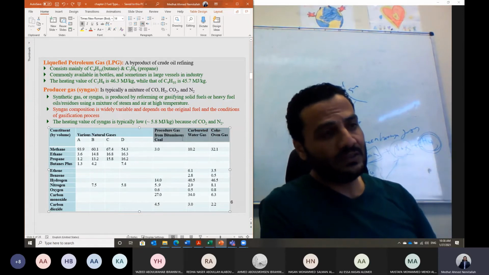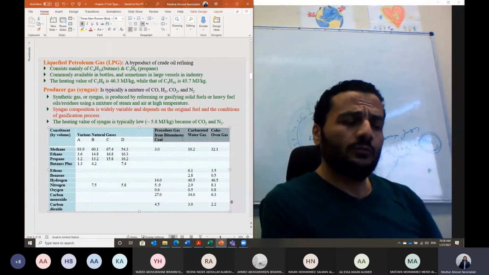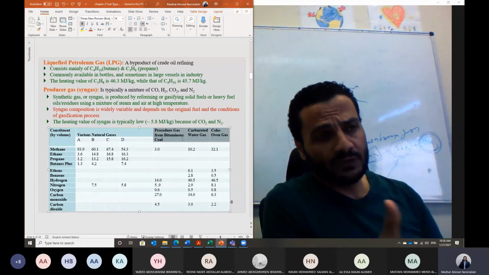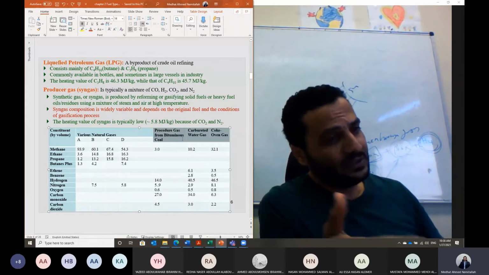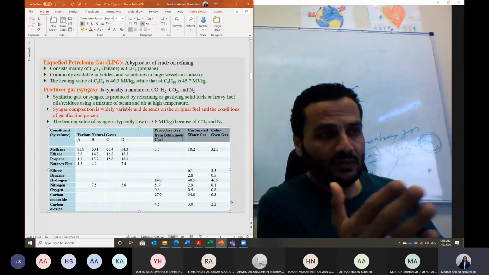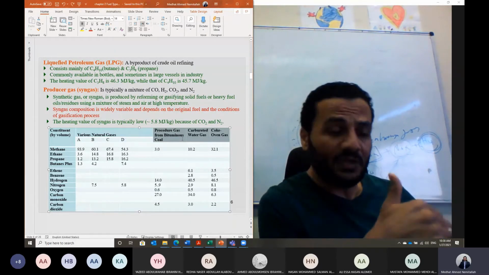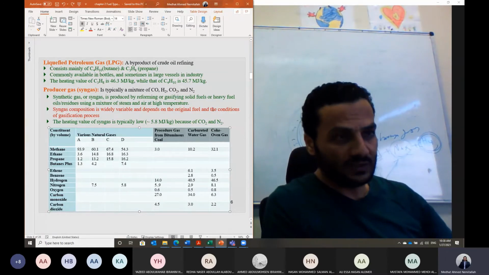Usually the synthetic gases are generated from the gasification of coal. And as I told you, in some cases we convert heavy hydrocarbon fuel, like methane, methane is not heavy, like propane, butane, the upper grade of the heavier hydrocarbon fuel, you can convert them to synthetic gas.